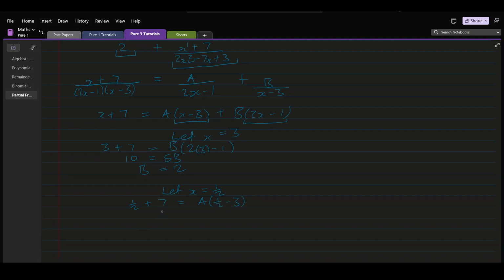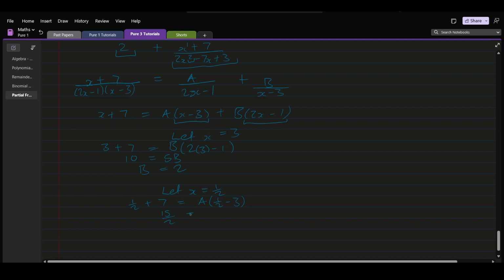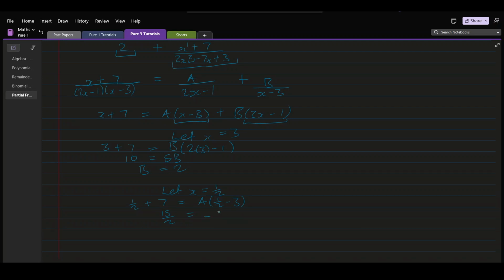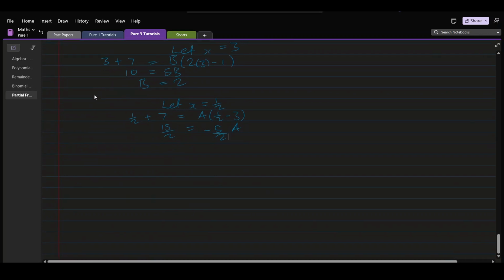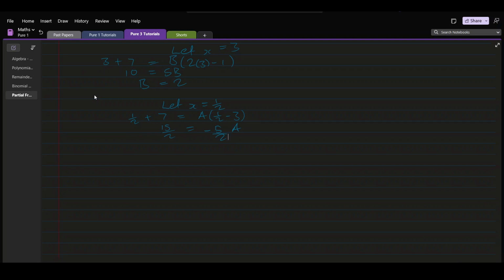A half plus 7 will give us 15 over 2, and this is equal to a half minus 3, which will give us minus 5 over 2 a. And so now we can multiply both sides by negative 2 over 5 to evaluate a. So negative 2 over 5 times 15 over 2 gives us negative 3. So a is equal to negative 3.